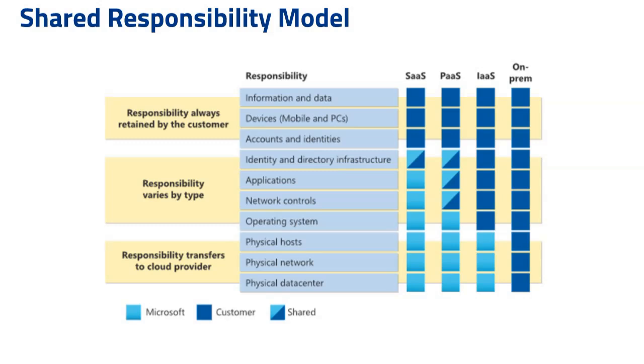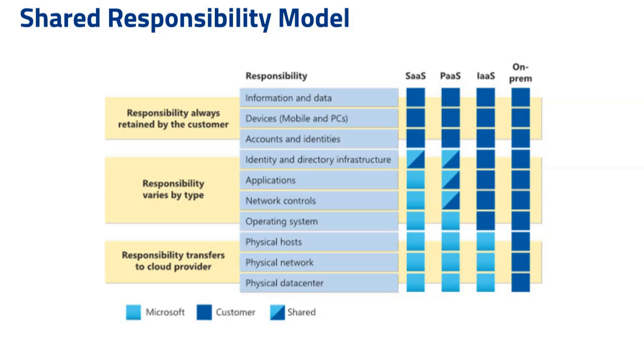With the shared responsibility model, these responsibilities get shared between the cloud provider and the consumer. Physical security, power, cooling, and network connectivity are the responsibility of the cloud provider. The consumer isn't collocated with the data center, so it would not make sense for the consumer to have any of those responsibilities.